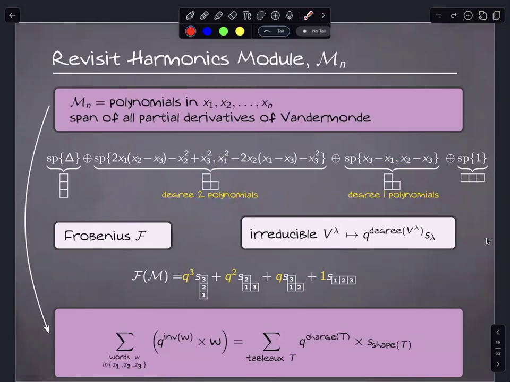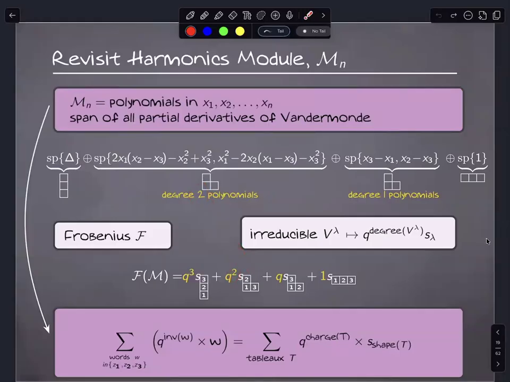So if you want to know more than just, oh, there's 2 isomorphic copies of this, if you want to know, like, I have one with polynomials of degree 1 and one of polynomials of degree 2, you can actually get that information by simply mapping still the Schur function to its shape, the irreducible to the shape, but then the degree 2 gives you the power of Q. Okay?